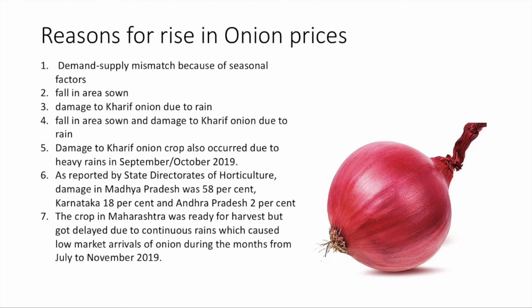The supply of onion was affected due to heavy rains in September-October 2019, which caused damage to kharif crops. The highest damage was reported from Madhya Pradesh. Also, rains in Maharashtra delayed the market arrival of onions.